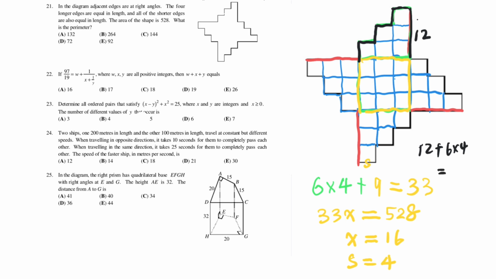Total will be 36. The 36 is what I marked in black: 12 on this one, and every other side is 4.